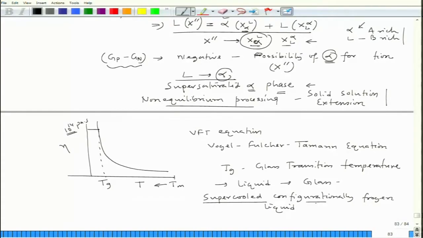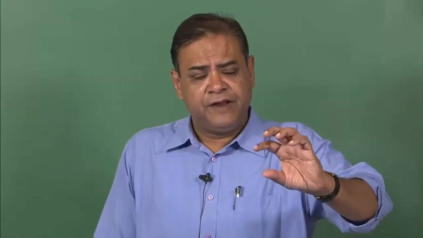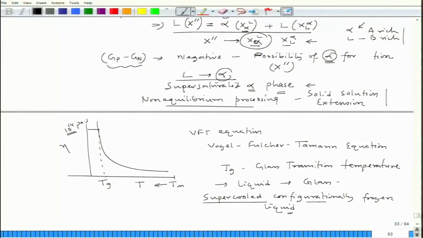Configurationally frozen means all the atoms of the liquid suddenly, once the viscosity reaches around 10 to the power 14, shear movement stops, and those atoms literally stop and occupy that particular position and remain there, and actually this is a frozen liquid. That is what the glass is, nothing but supercooled configurationally frozen liquid.